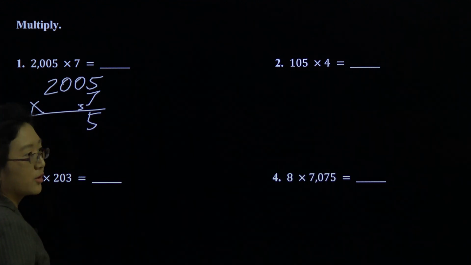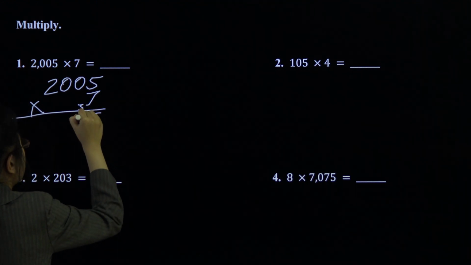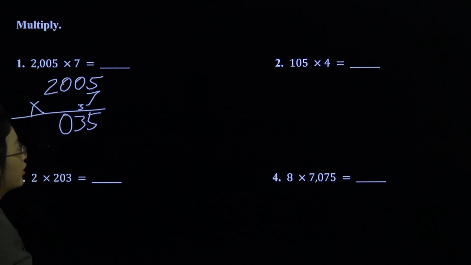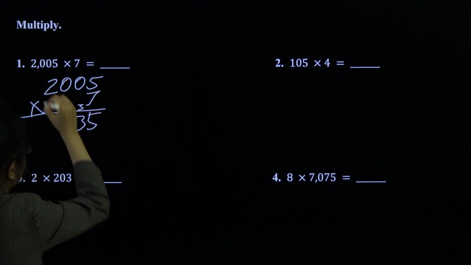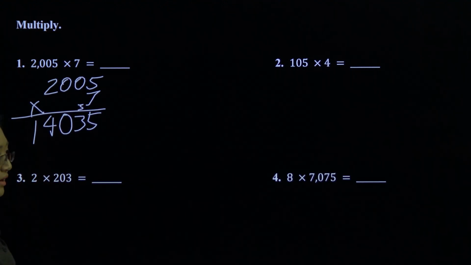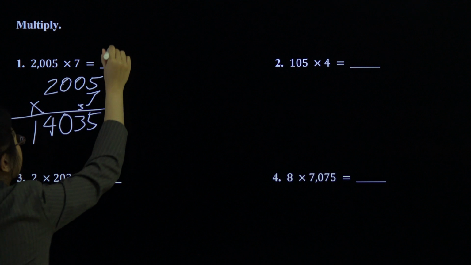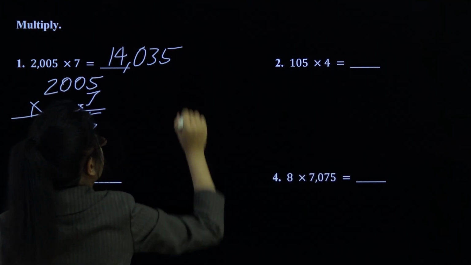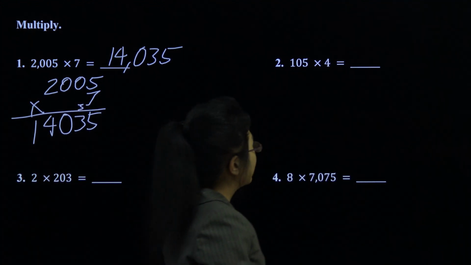So, well, 0 plus 3, 3. 7 times 0, which is equal to 0 again, and there's nothing regrouped, so it's just 0. 7 times 2, 14. It really isn't all that different, as you can see. 14,035. We continue.